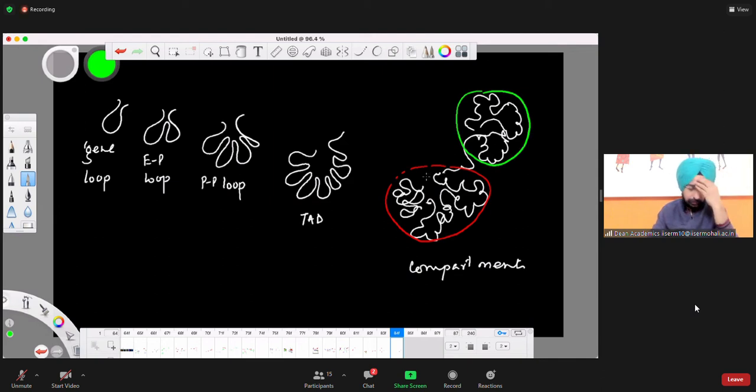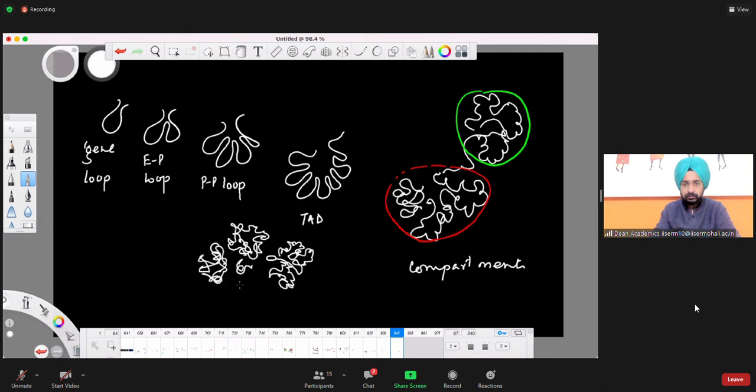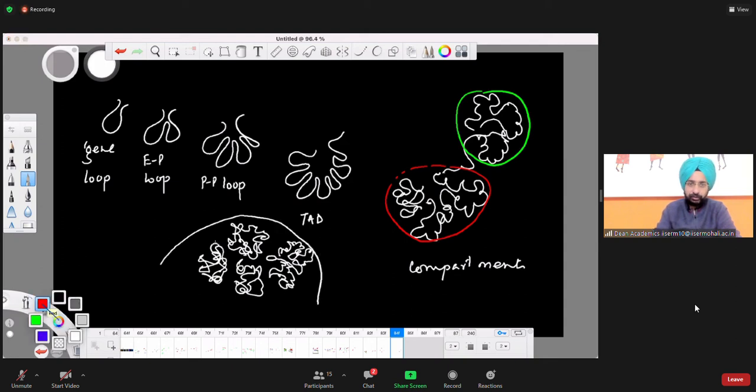Active compartment is A, and inactive compartment is B, and they further fold into something called chromosomal territory. This is just a part of the nucleus. You have different chromosomal territories.